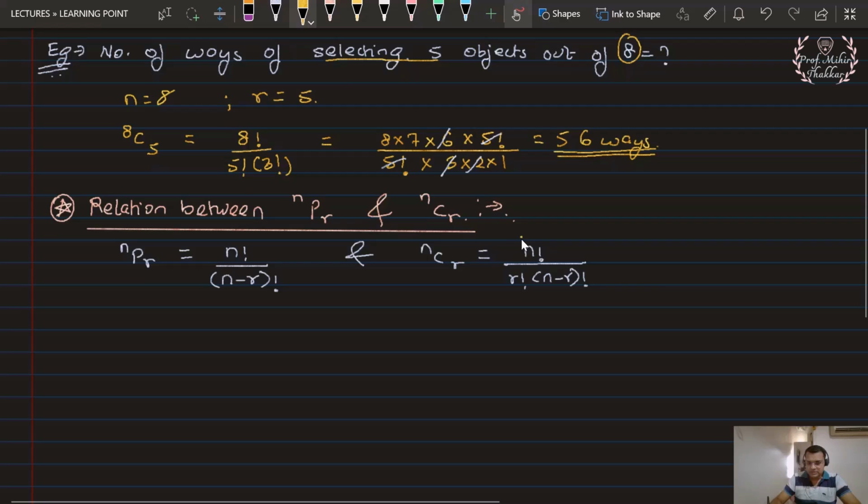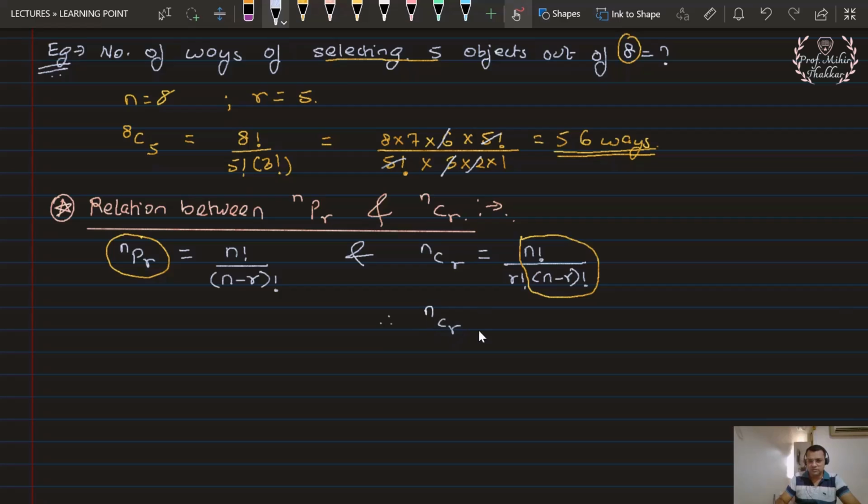What we do is, this n factorial upon n minus r factorial can be replaced by nPr. So I will get over here, therefore nCr is 1 by r factorial into nPr. This can be taken as one relation.